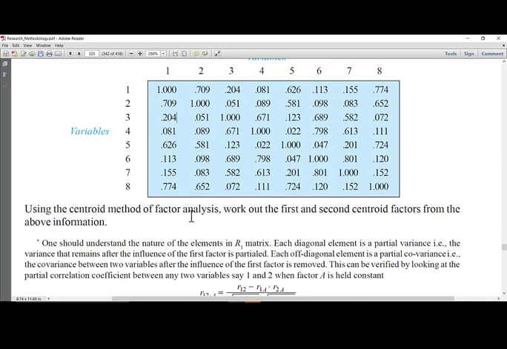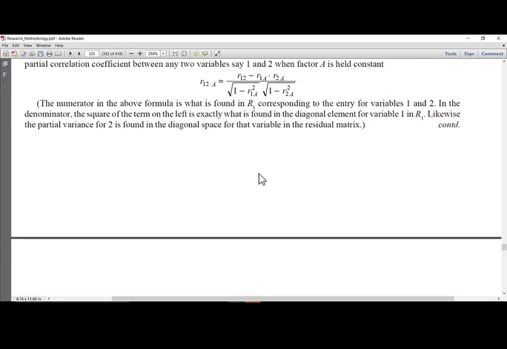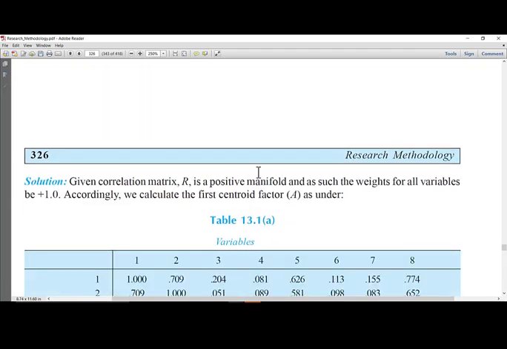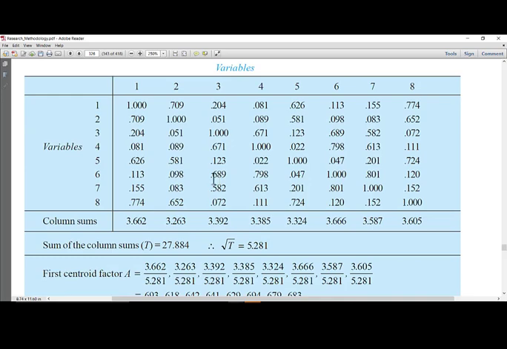Now, using the centroid method of factor analysis, we work out the first and second centroid factors from the information given in the correlation matrix. Given correlation matrix R, we have made the column summations.